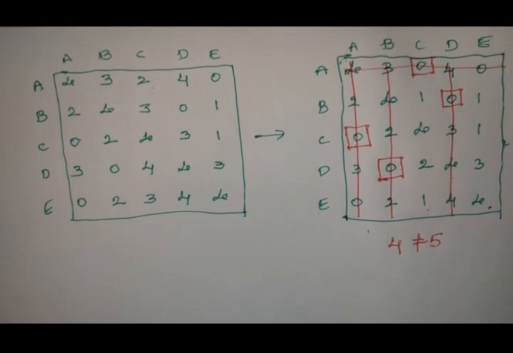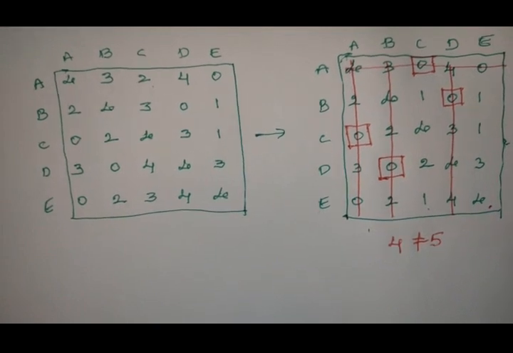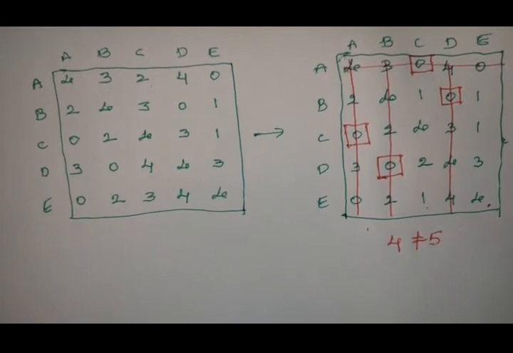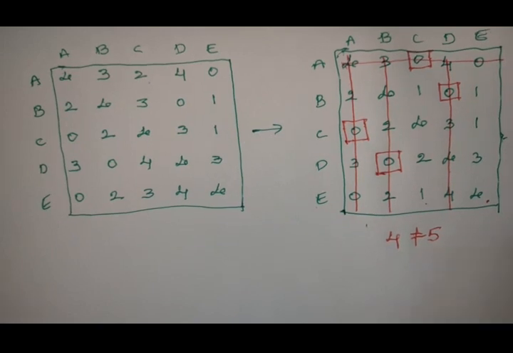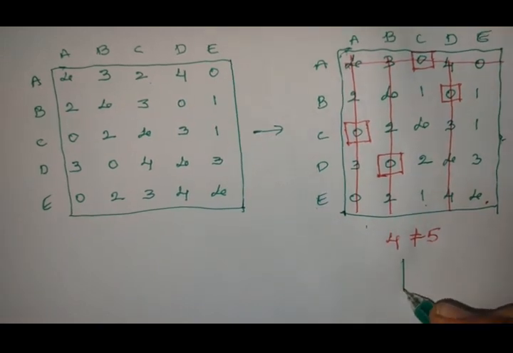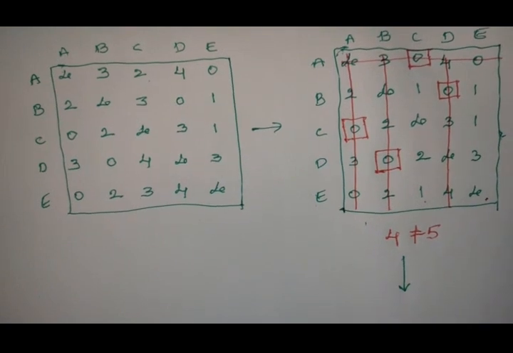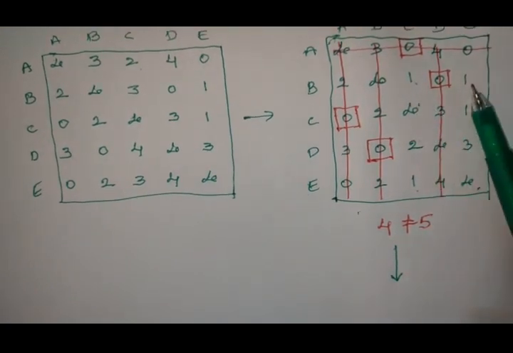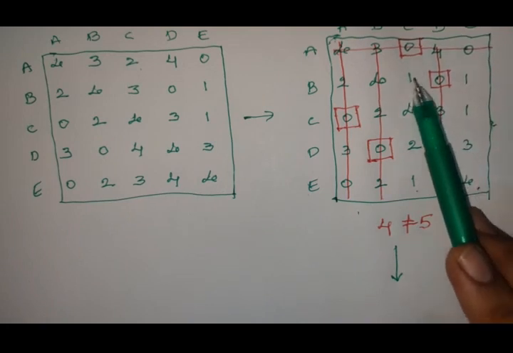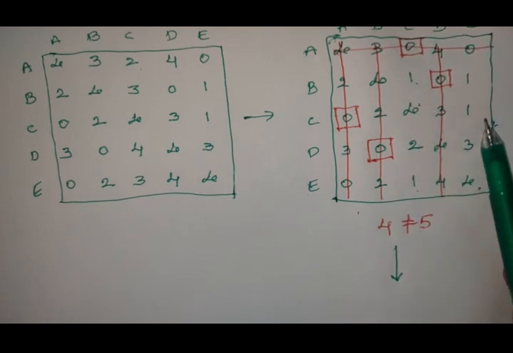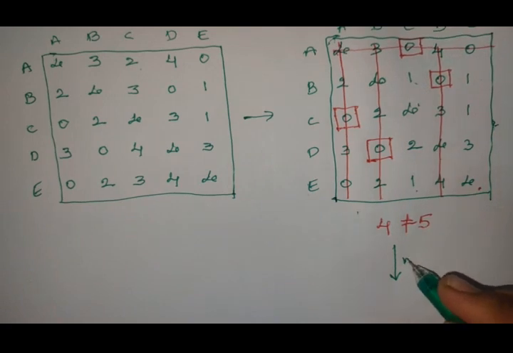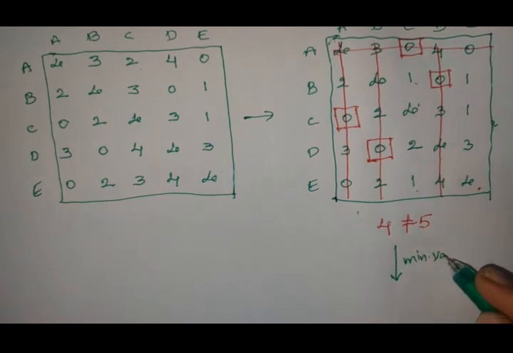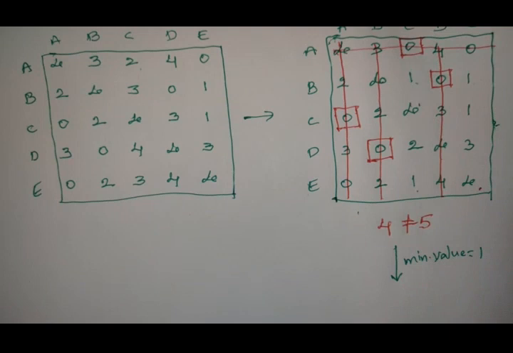If you want to go for the next iteration, we need to identify the minimum value in the non-striked cells. So now let us identify the minimum value in this case. These 4 plus these 4 are the non-striked cells. In all these 8 values, the minimum is 1. So the minimum value is equal to 1.